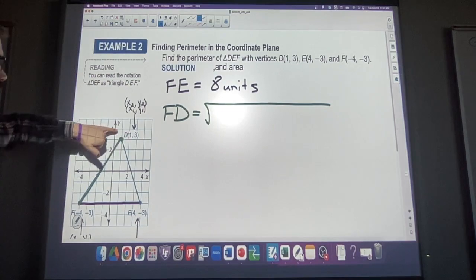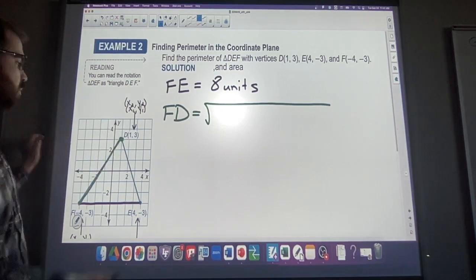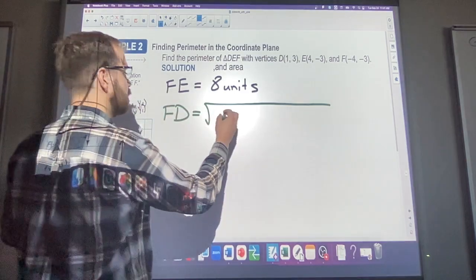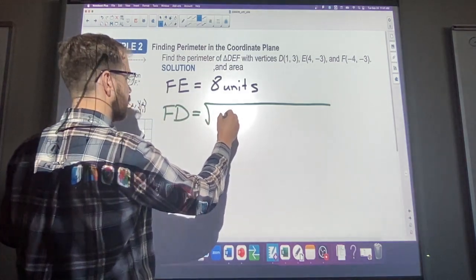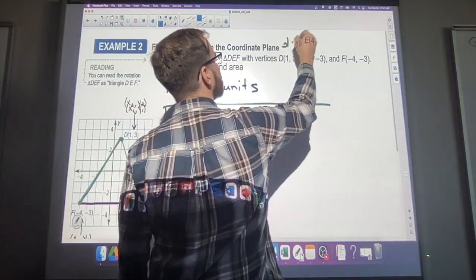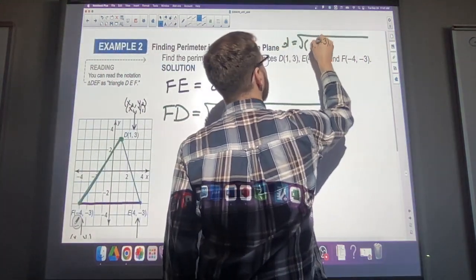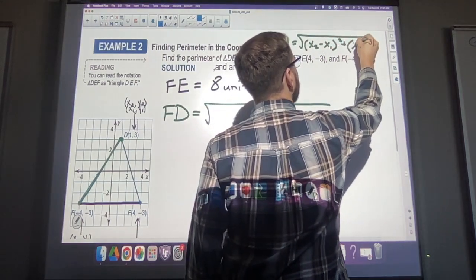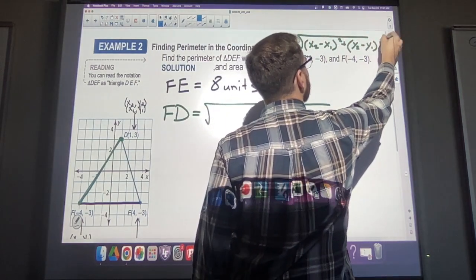I'm going to use D as my x2 and y2. I'll write it up here so we're on the same page: x2 minus x1 squared plus y2 minus y1 squared.